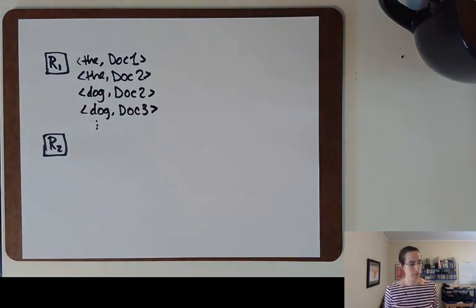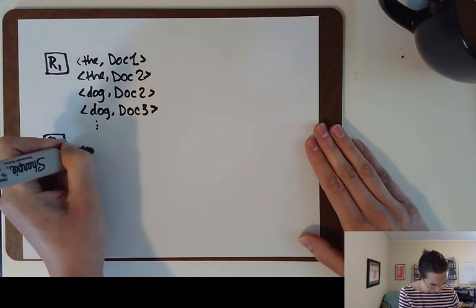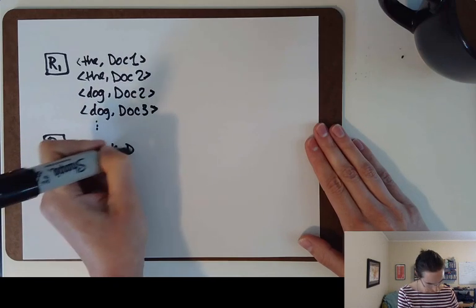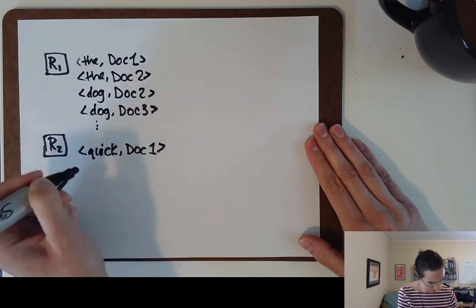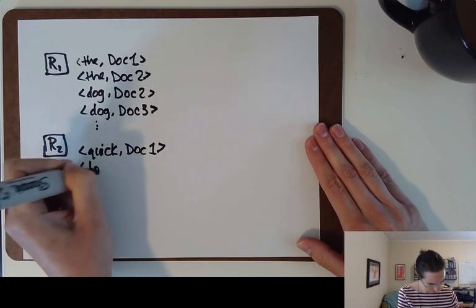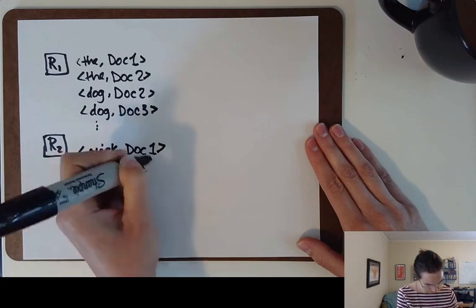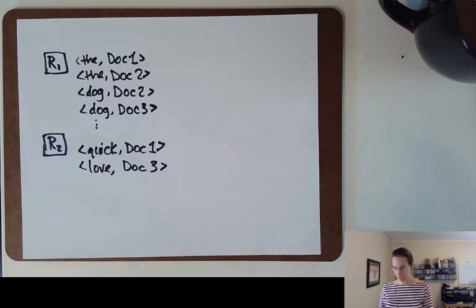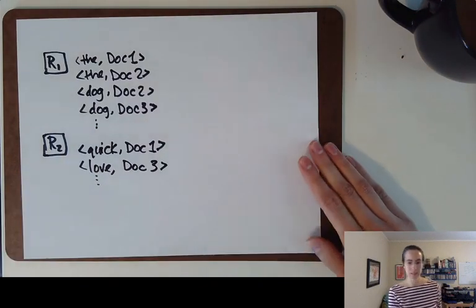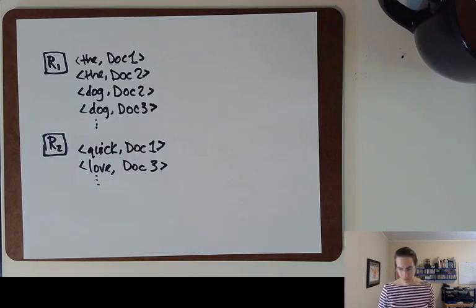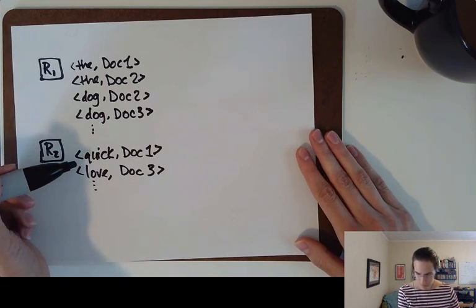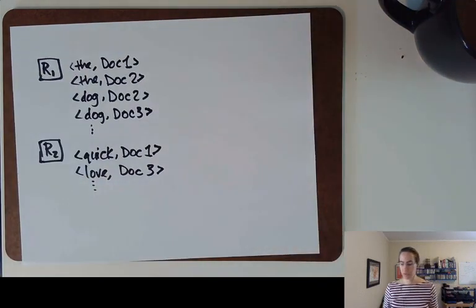And then maybe some other keys hash to R2. And so on. But we have this nice property that everything that has the same key ended up on the same machine. Now what do R1 and R2 have to do with their data?